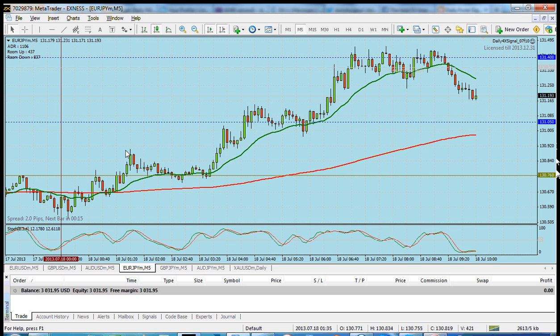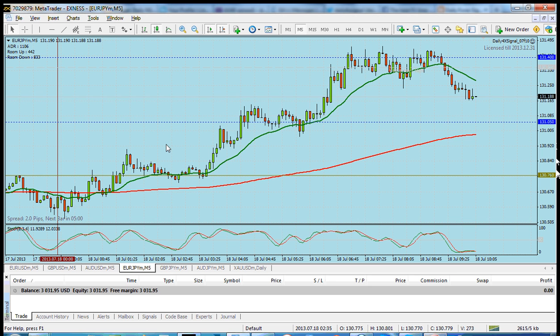So let's see if the condition of price above 20 SMA, 20 SMA above 200 SMA, and stochastic at that very point below the level 50 and crossed over, looking up, with the green line having crossed the red line in the stock, has happened or not.